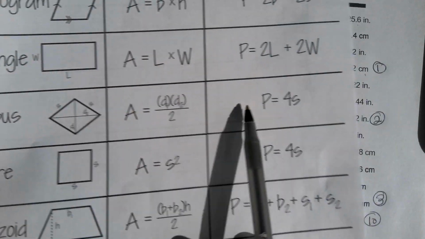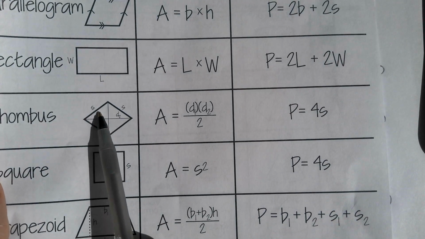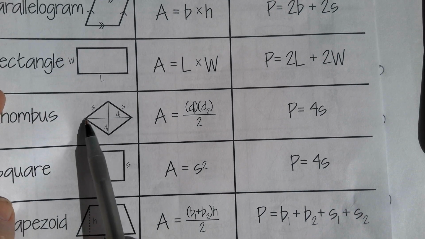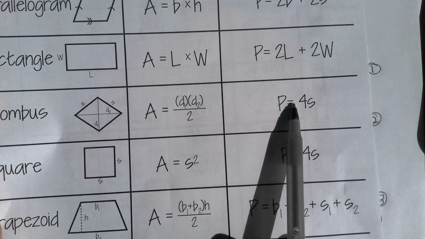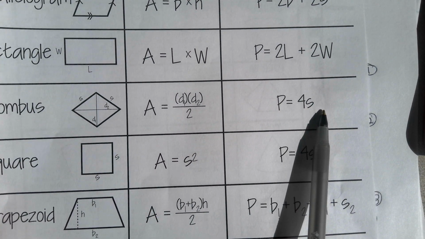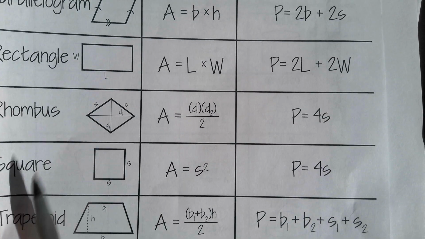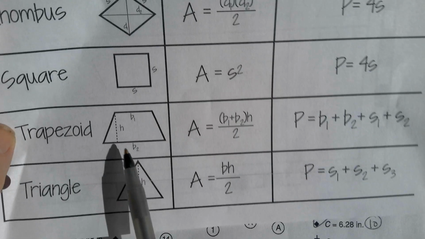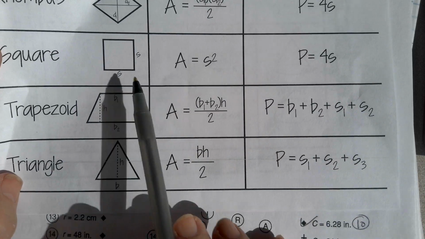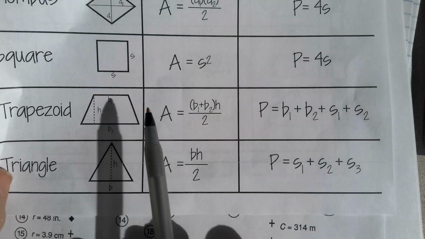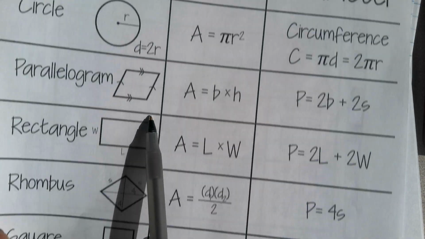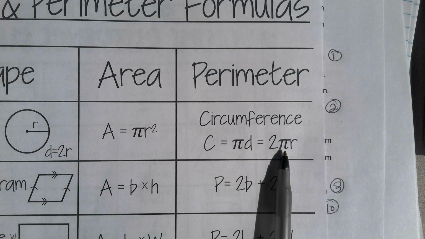And if you know that on the rhombus all the sides are the same, you just go 4 times the length of the side. Or you could just add all of the sides. On the trapezoid, you add your 2 bases, the top and the bottom, and your 2 sides. Well, on the circle, it doesn't have sides.